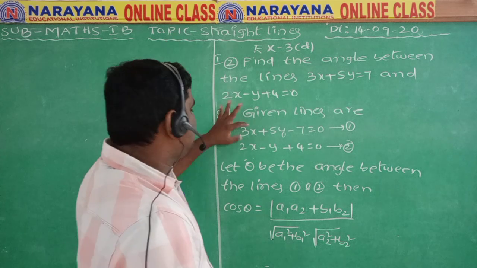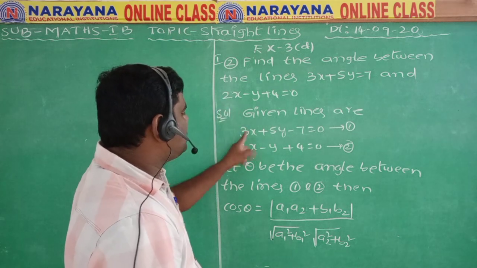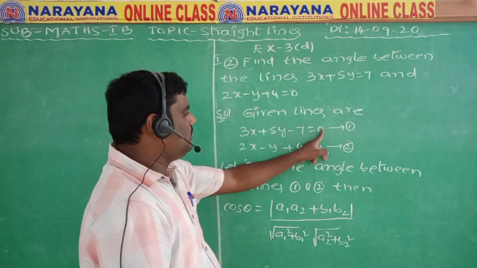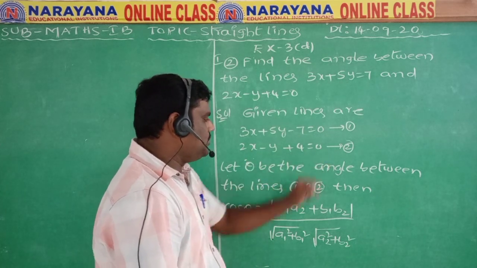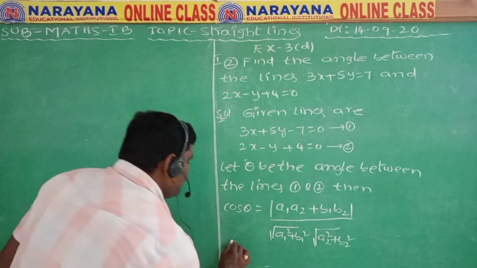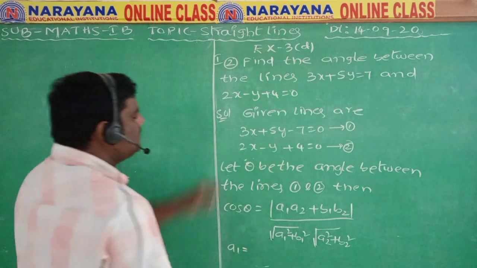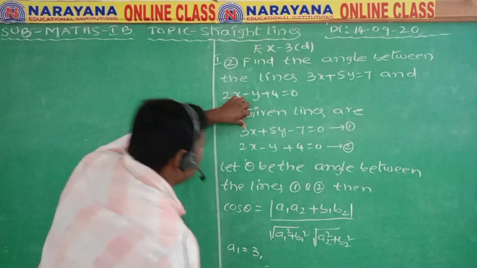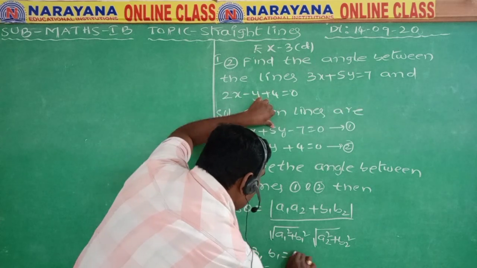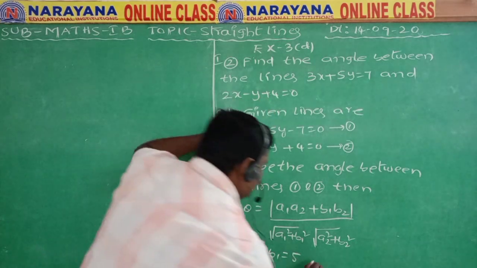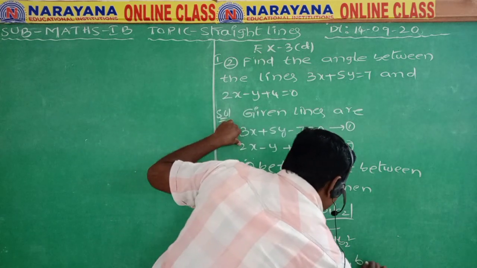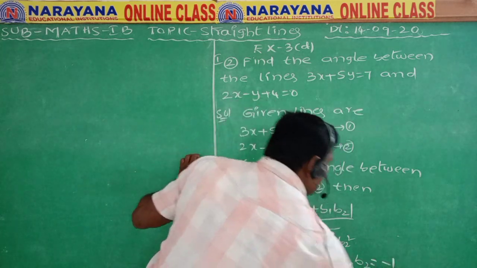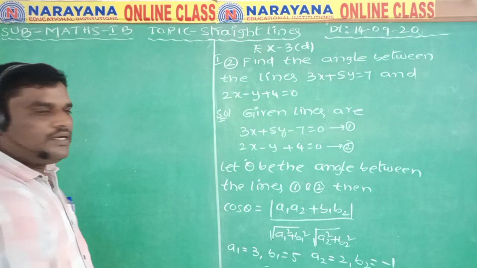Now comparing these two equations with a1x + b1y + c1 = 0 and a2x + b2y + c2 = 0, we have a1 = 3, b1 = 5, a2 = 2 and b2 = -1.